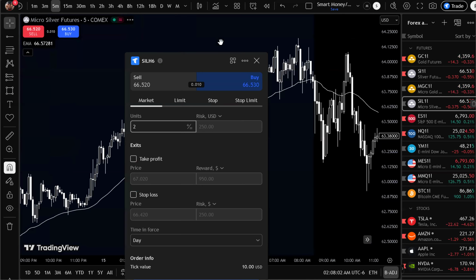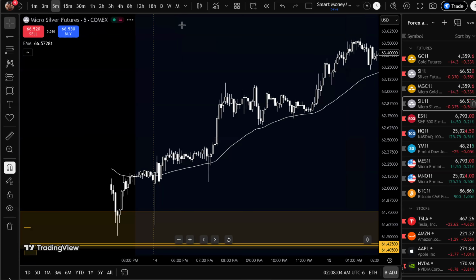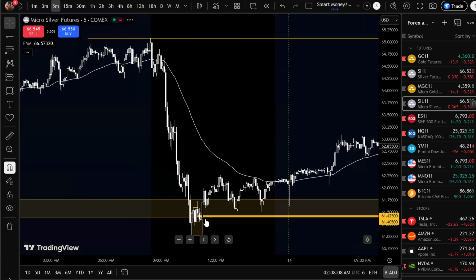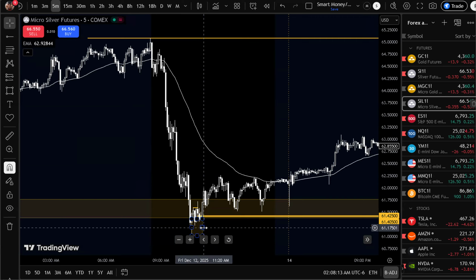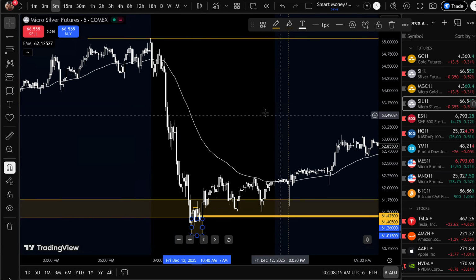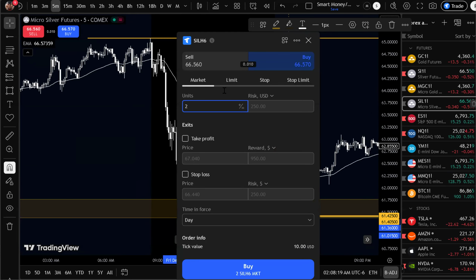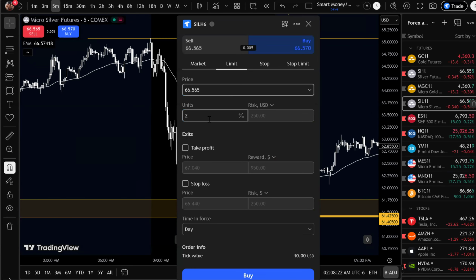All right. So we would have gotten in down here. Our target was this high up there. Watch this. Tell me y'all can't make no money like this. So buy limit, micro silver futures. All right. Let's do 10 micros.